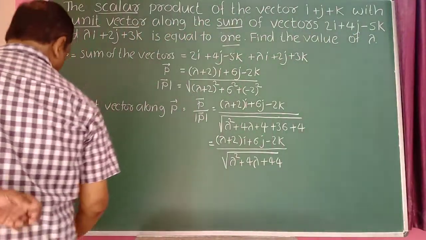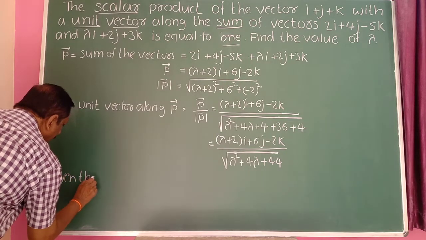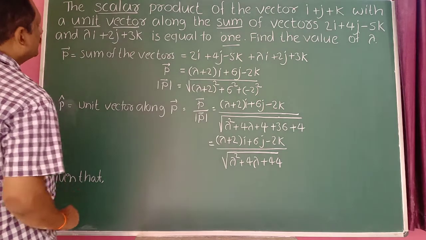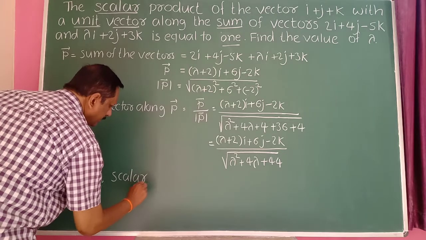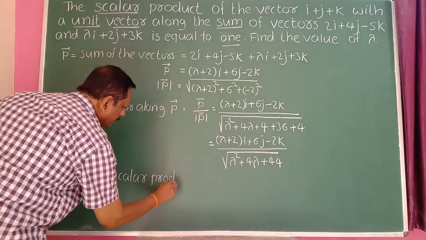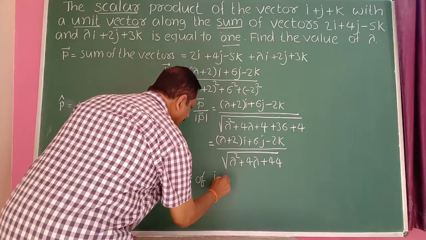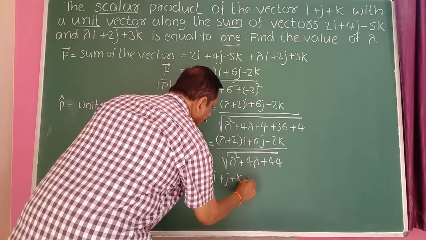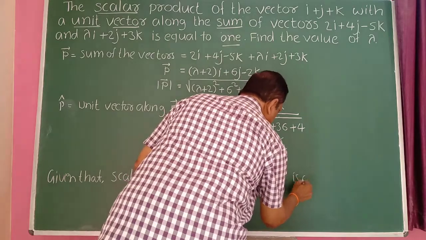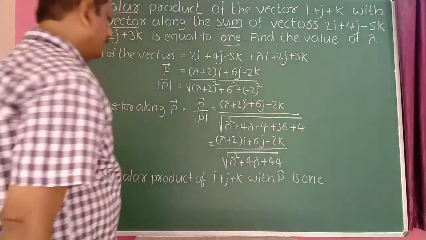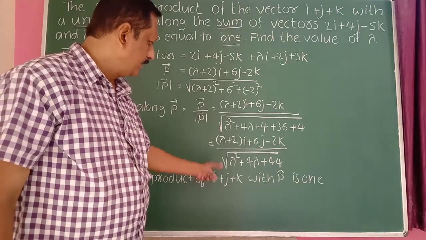So given that the scalar product of i plus j plus k with p cap is 1. This is the given vector, and p cap is this one.